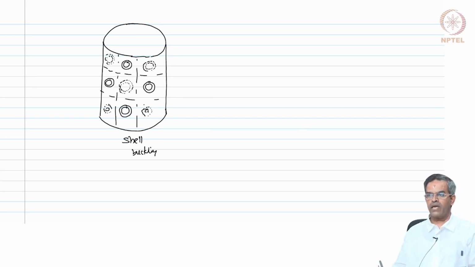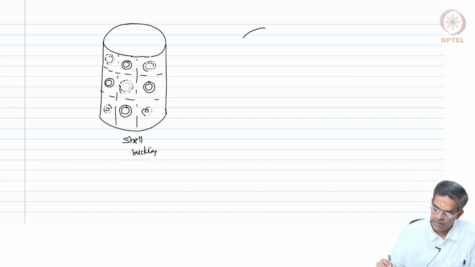The second one is called panel stiffener buckling. Let us take a shell again, a cylinder.